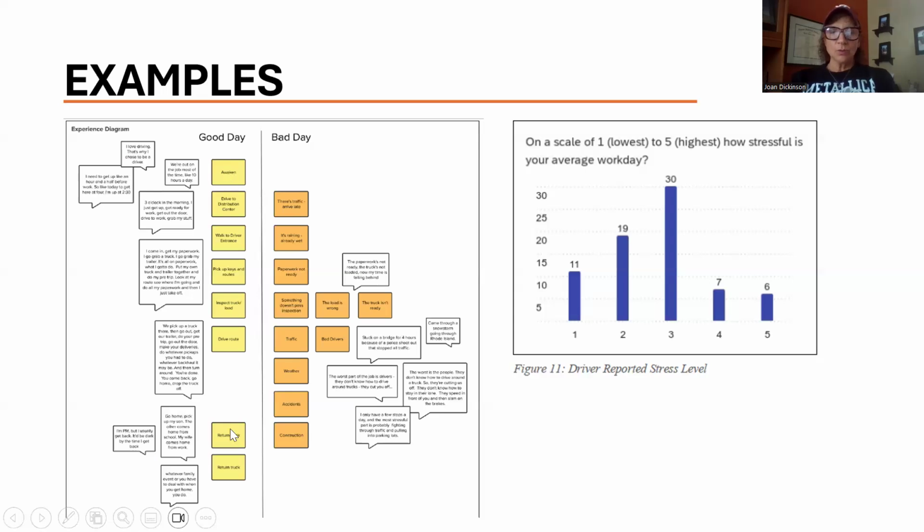The yellow is the good day. These are the themes. Orange are sticky notes of a bad day for a truck driver. These are the themes. And then you're going to notice quotes that are reinforcing these themes. Okay. So these are all figures that are pulled from her thesis.